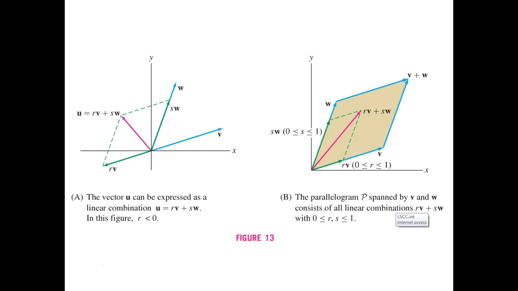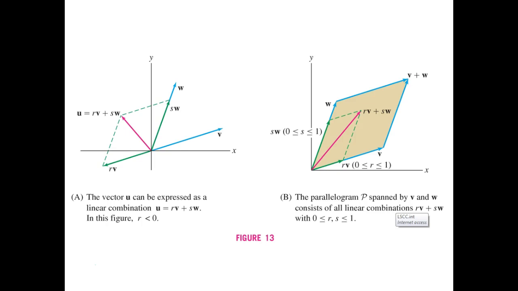So this is not the same as that. I think this is what they meant. Sorry, I thought this comma separated these two things. It doesn't. This is saying 0 is less than or equal to R and S, and R and S are both less than or equal to 1. Sorry, that's what they're meaning here.